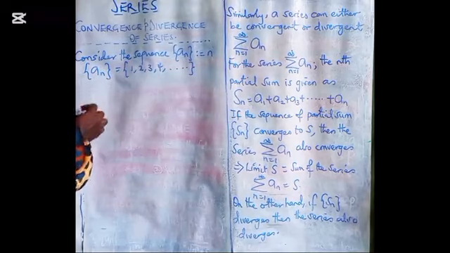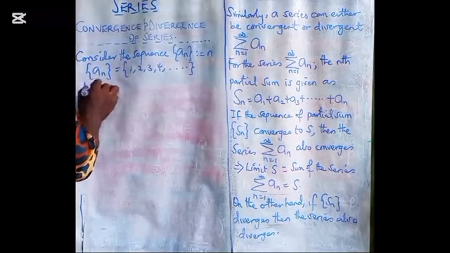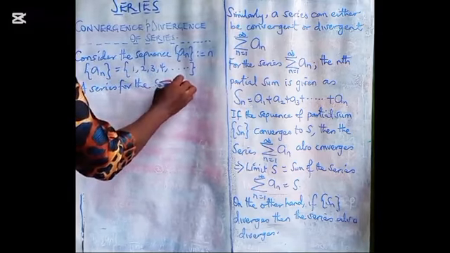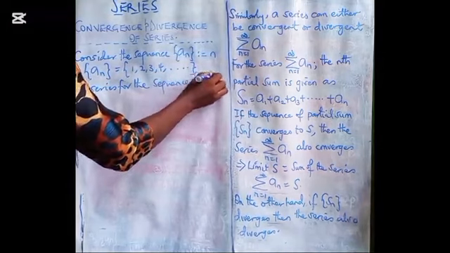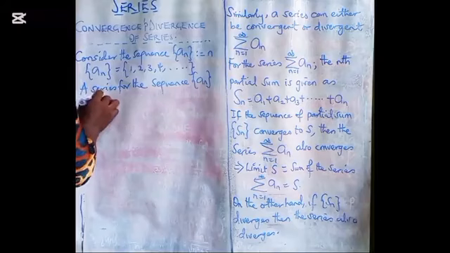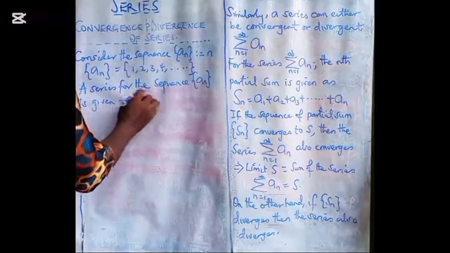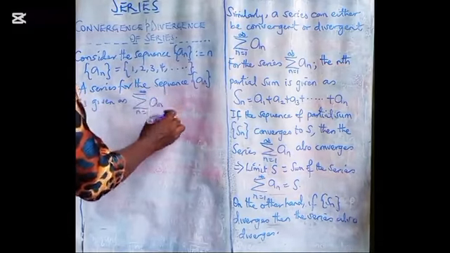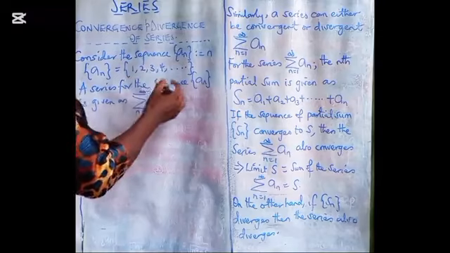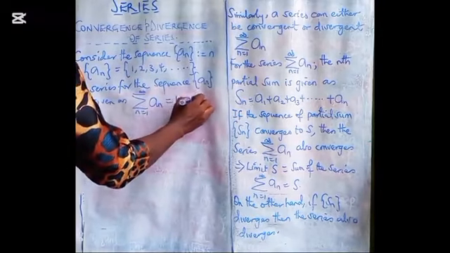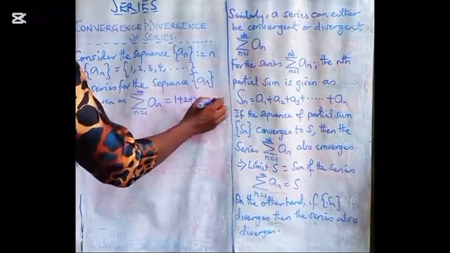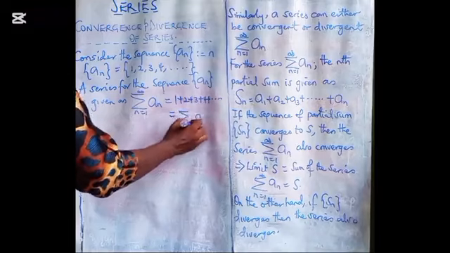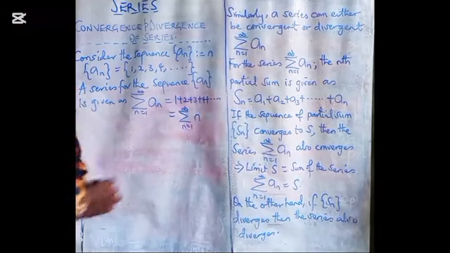A series for the sequence A sub n is given as the summation as n moves from 1 to infinity of A sub n, and it is seen to be what? The sum of the terms in the sequence. And this is the same thing as saying what? Summation n as n moves from 1 to infinity.